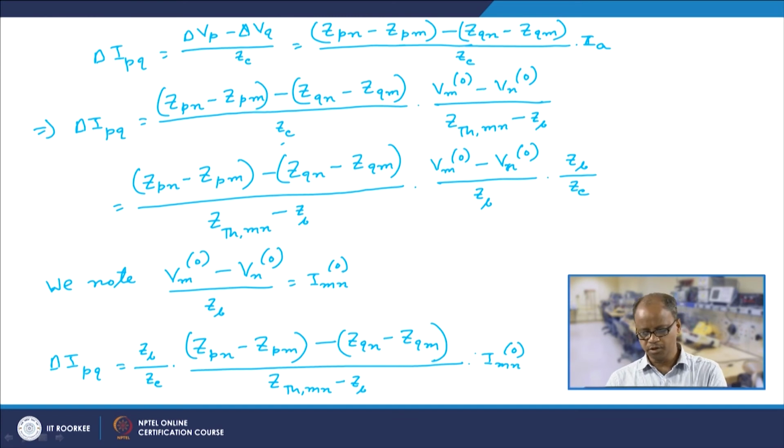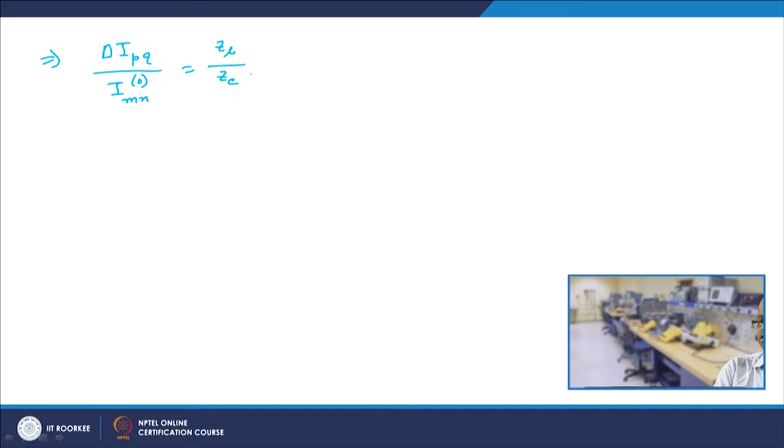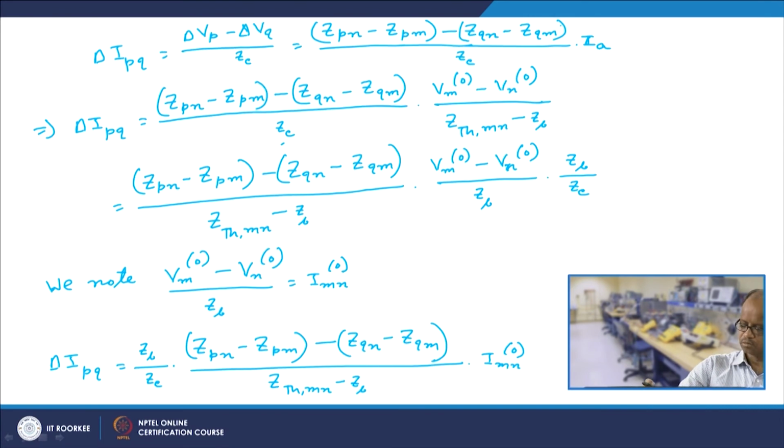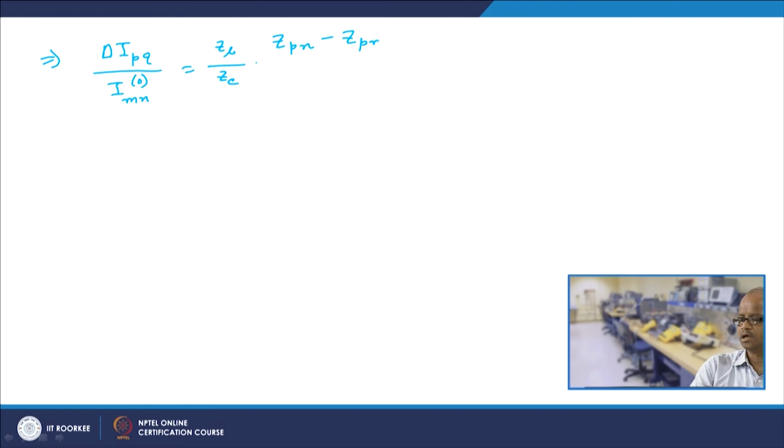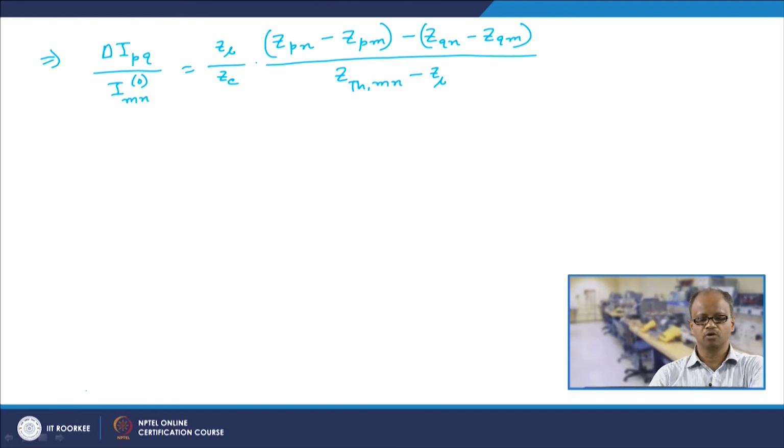So, then delta Ipq by Imn naught would be given as Zb by Zc into Zpn minus Zpm minus Zqn minus Zqm, by Z Thevenin mn minus Zb.